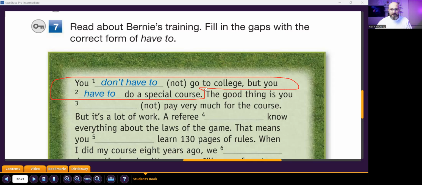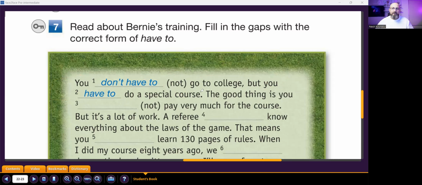So it's a present. In the present, we have to or has to. Because we have you, it's have to. But it's negative, so we use what? Don't have to. Okay, we don't have negative here.